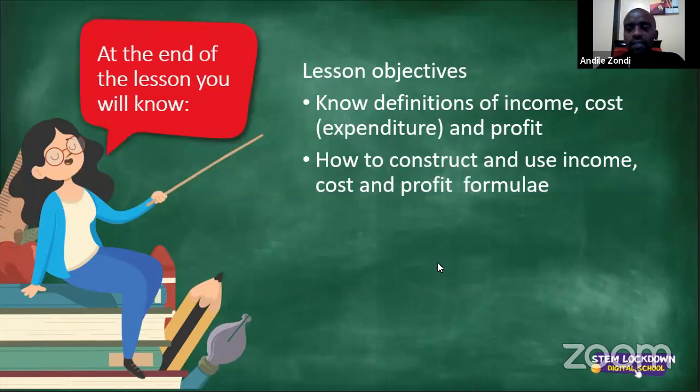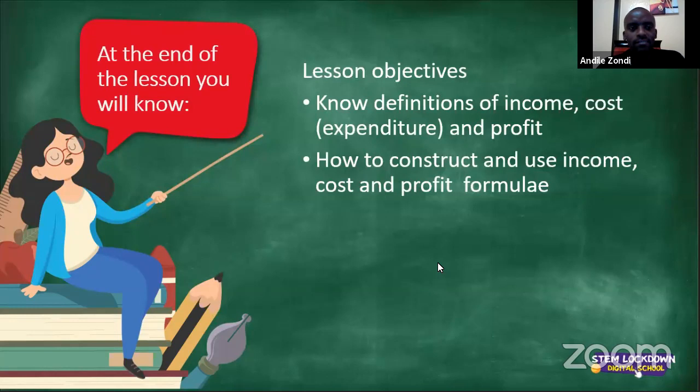You'll see I'll be using words with similar meanings. For example, I'll say cost, sometimes I'll say expenditure. This is basically the same thing. I'll also maybe say formulae, or I'll say equation.